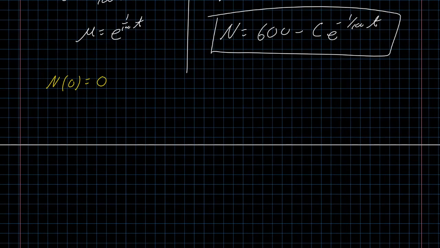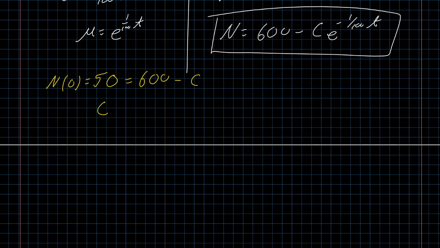Well, if I plug in t equals 0, n of 0 is equal to 50. Plugging t equals 0 into my general solution here, I get n of 0 is equal to 600 minus c times e to the 0, and e to the 0 is just 1.